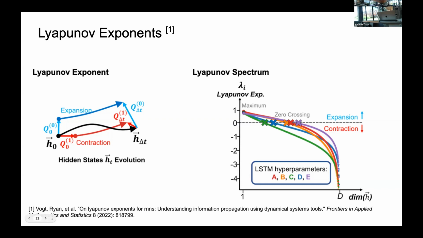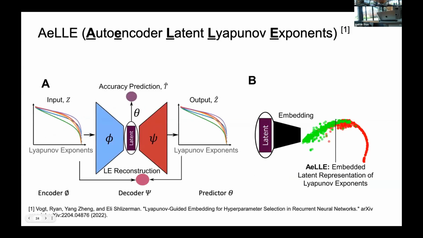And we can use that to predict the performance of that network, using an autoencoder. The input here will be the Lyapunov spectrum, and we try to reconstruct this Lyapunov spectrum with the autoencoder. But additionally, we have a prediction network, which is just one or two layers of a fully connected network, to predict the accuracy of that particular model based on the Lyapunov spectrum.